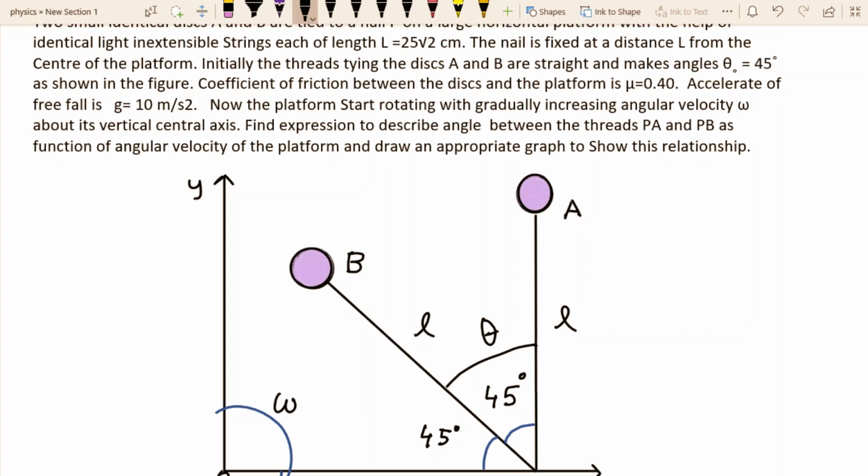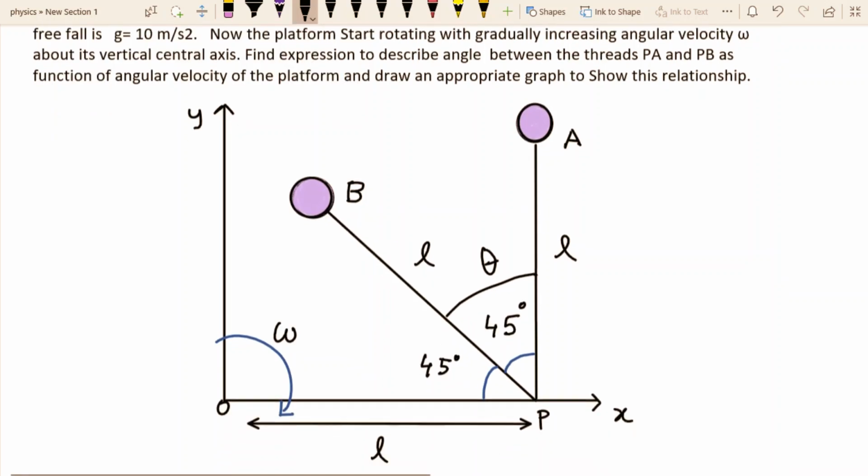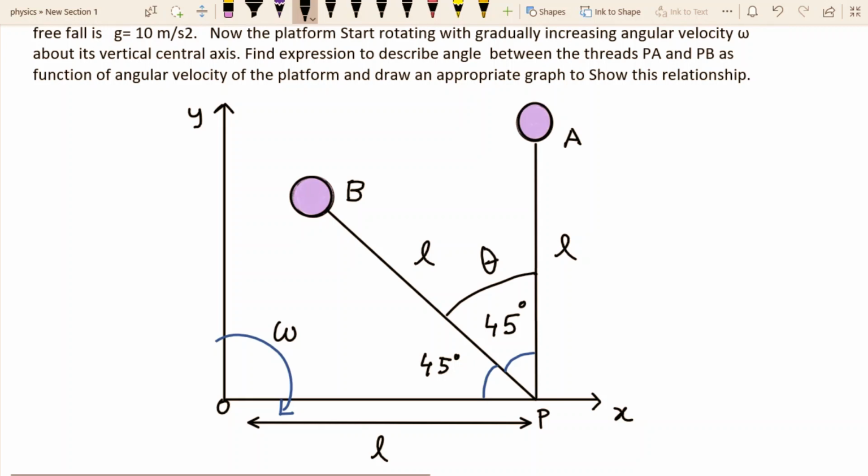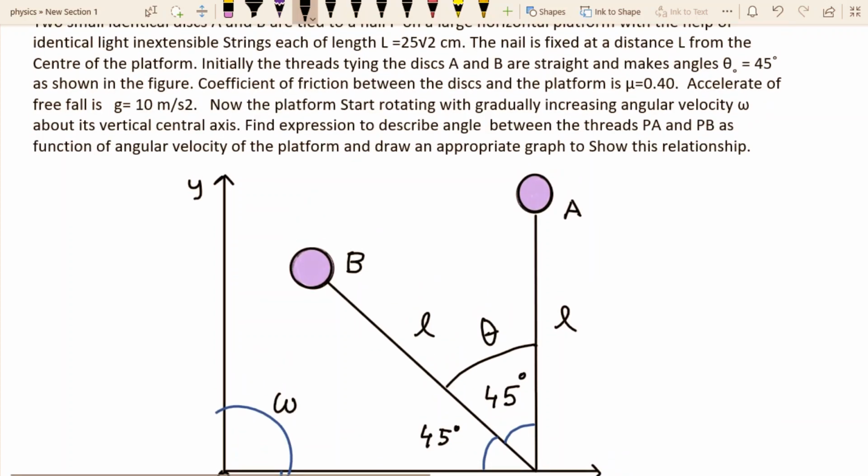Initially the disks are at rest, but as the platform increases its velocity, at a particular point both disks will move and theta will change. We are required to compute the value of theta in terms of the angular velocity of the platform, and also draw an appropriate graph to show the relationship. That is the task here.